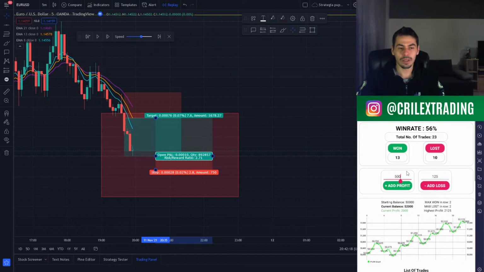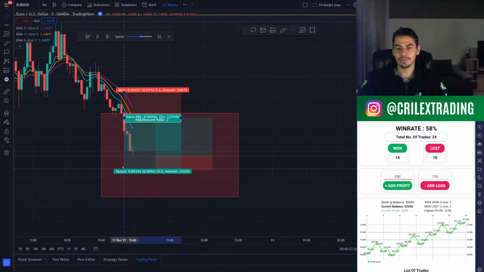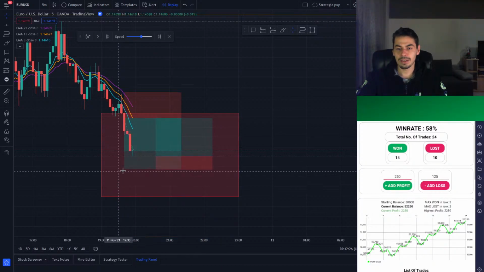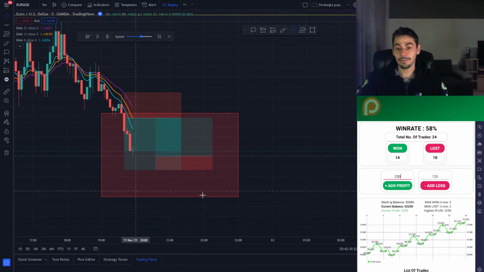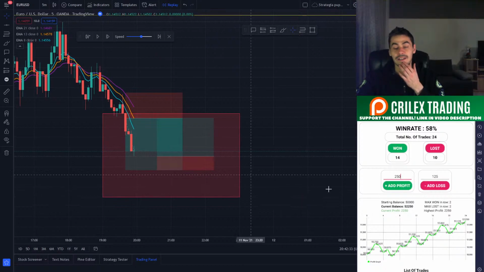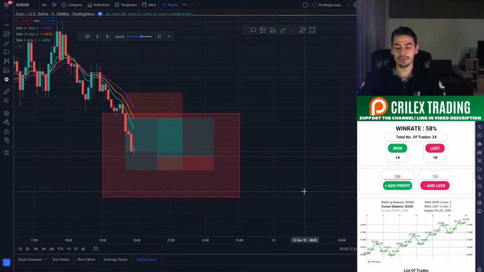We will take this win as a profit, and yeah, it's quite nice. So now we have two positions running, a sell and a buy. The sell has no risk on the table, and the buy only has 0.25 risk on the table.